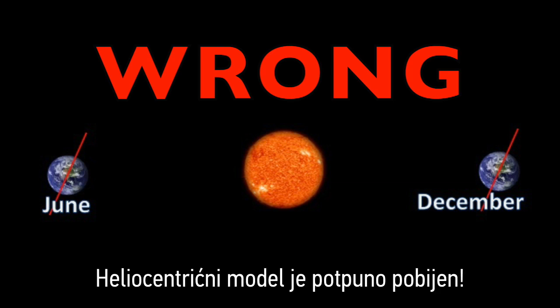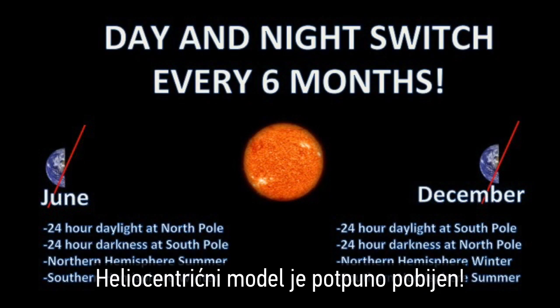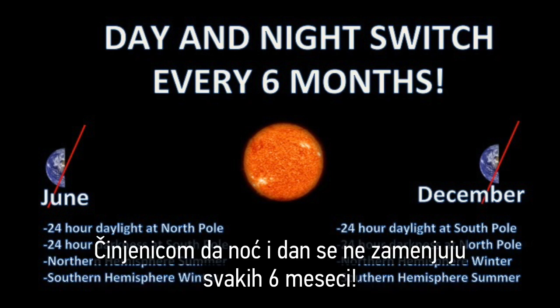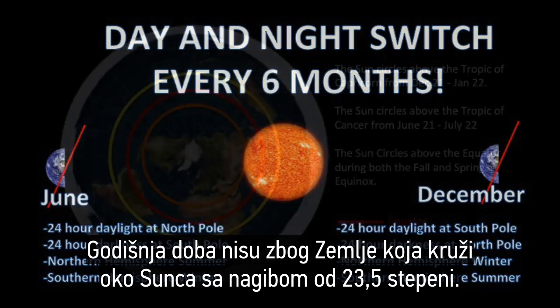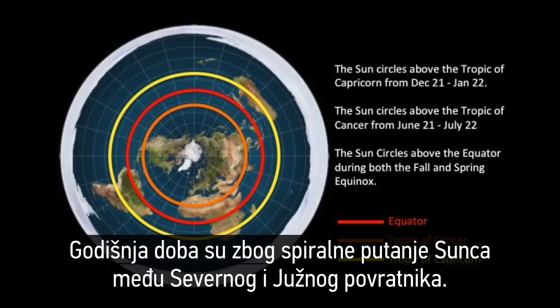The heliocentric model is completely debunked by the fact that day and night do not switch every 6 months. The seasons are not created by the Earth orbiting the sun with a 23.5-degree tilt. The seasons are created by the sun's in and out spiral pattern between the Tropic of Cancer and the Tropic of Capricorn.